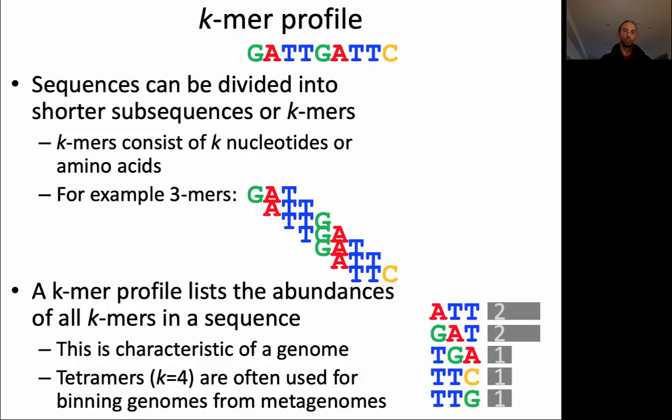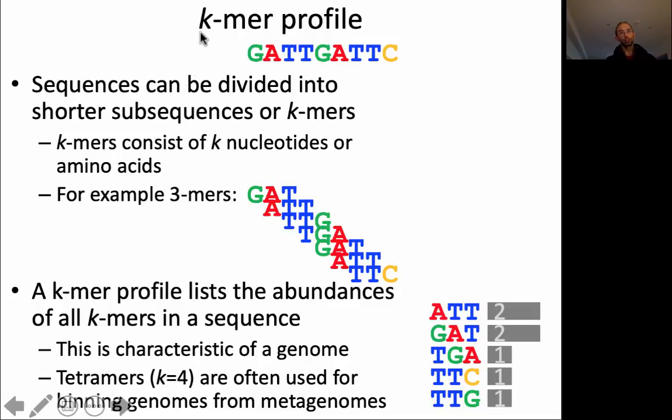This is actually the same as the GC content, because in the GC content we just count the percentage of G's and C's versus the percentage of A's and T's, which is a very low-dimensional, one-dimensional version of the k-mer profile. So the k-mer profile contains more information and allows you to distinguish more different types of bacteria.